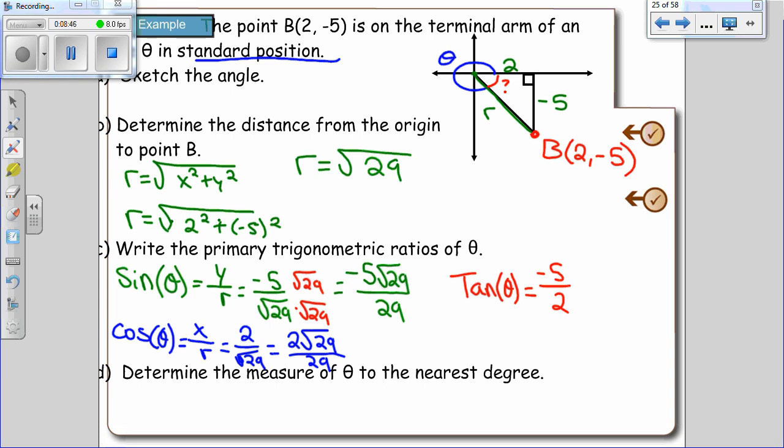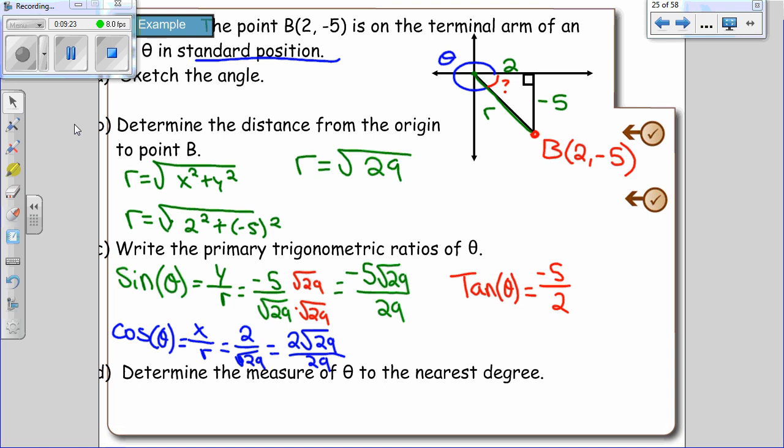What's different is that we've never had triangles with negative ratios before. We've always been solving SOHCAHTOA with positive values. That's going to change things a little bit. So when you go to solve these, you could use sine, cos, or tan, just like normal. You take your calculator, make sure it's in degree mode, and you're going to go second sine of negative 5 root 29 divided by 29.